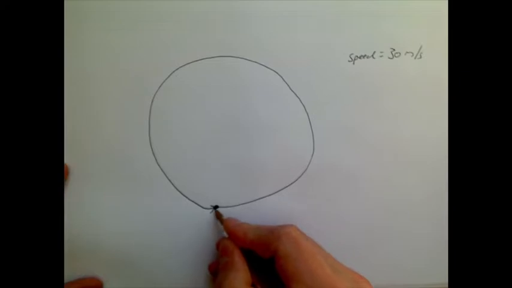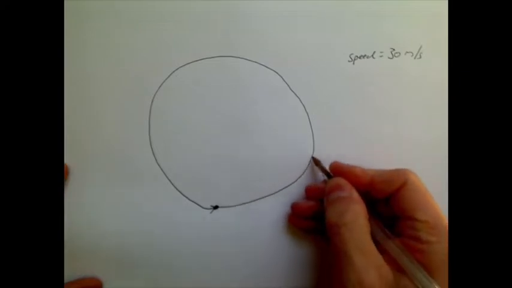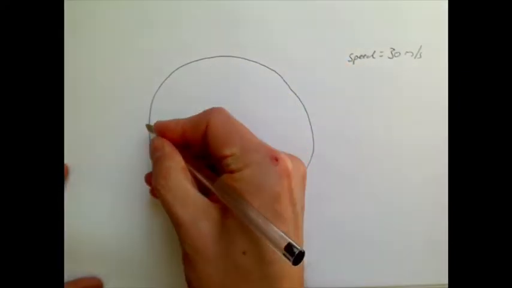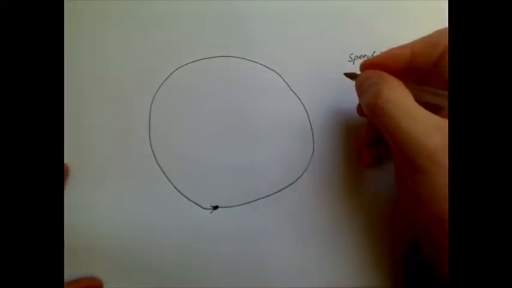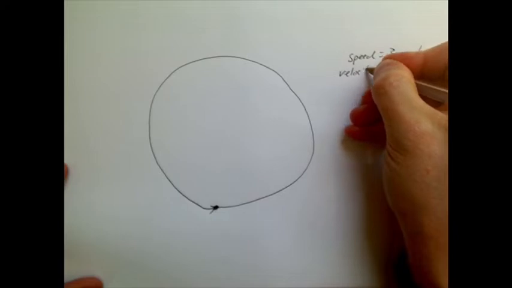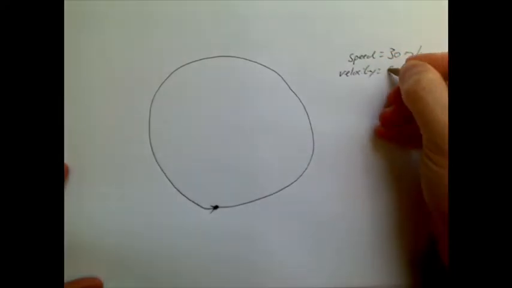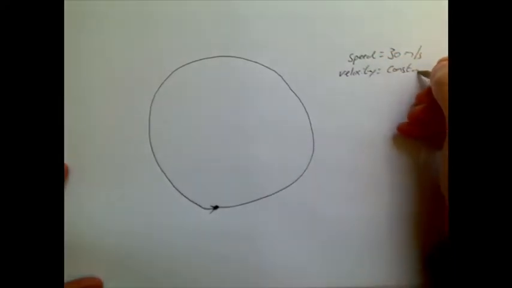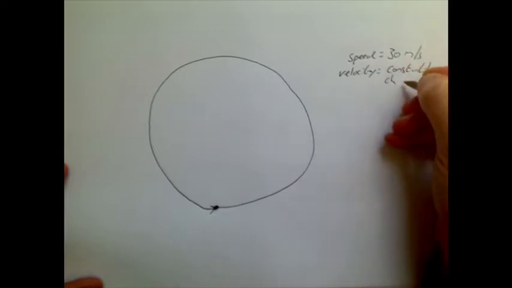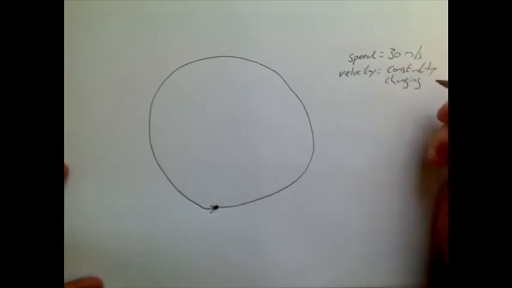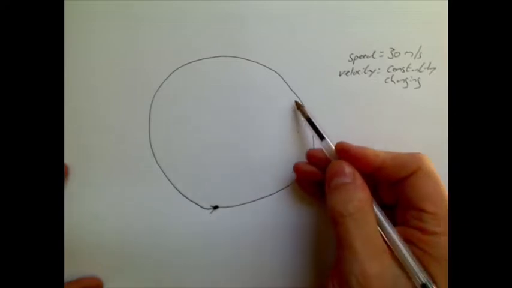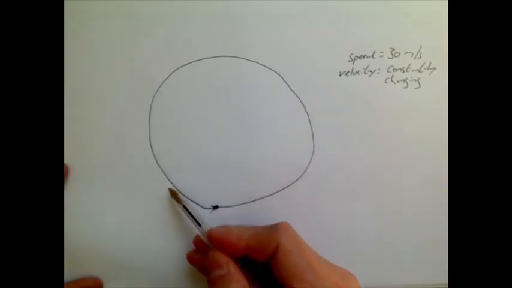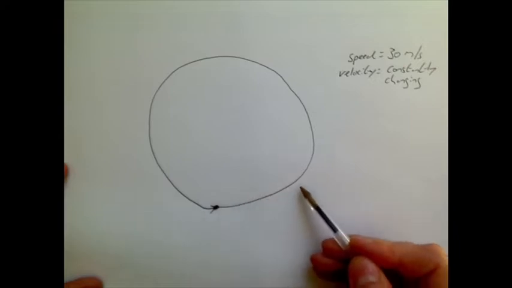However, because it is always changing its direction in order to complete this circular motion, it's always turning left in this case, its velocity is constantly changing. It cannot have a consistent velocity because its direction is always changing. At no point is it traveling in the same direction.